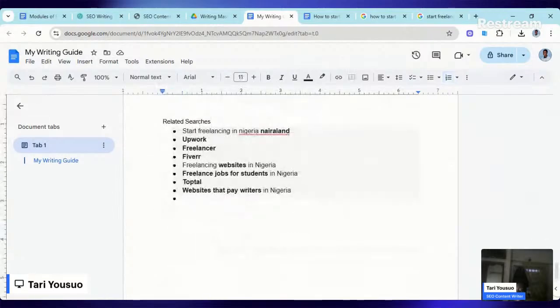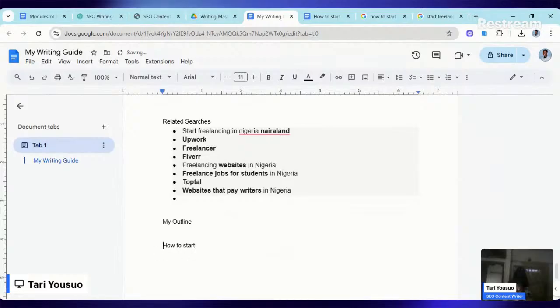So this is my outline for this article. I build it in parts. So now I have identified that I must include how to start. That's non-negotiable.